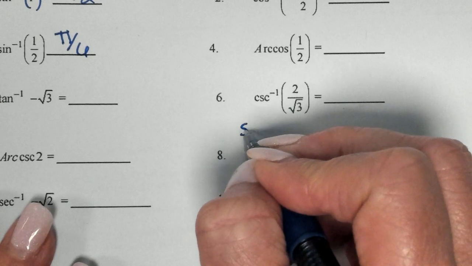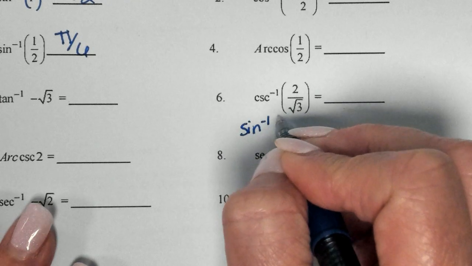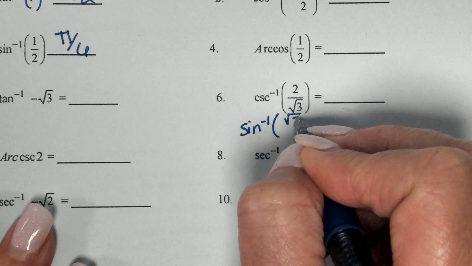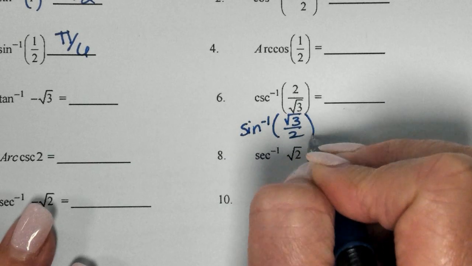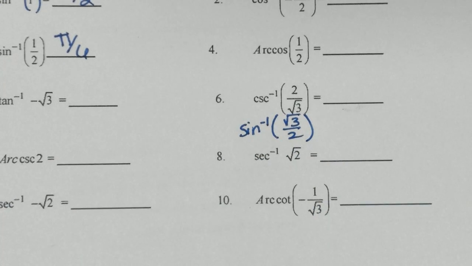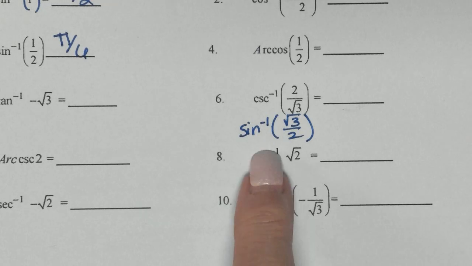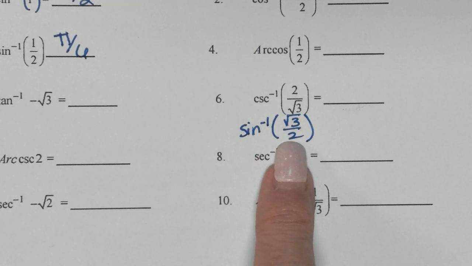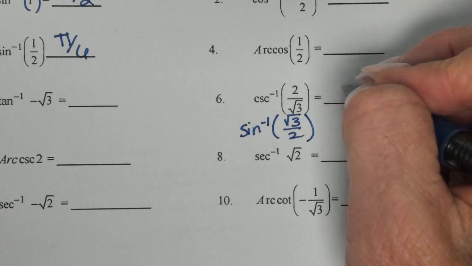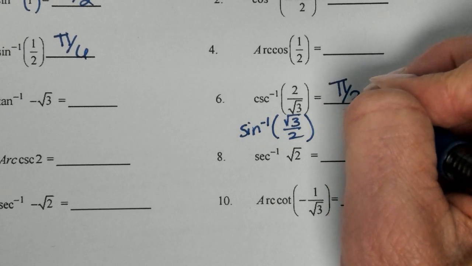I'm going to change that to the inverse of sine and flip my ratio, because I know those. Where's my sine ratio equivalent to root 3 over 2 in quadrant 1? 60 degrees, which is pi over 3. So my answer is pi over 3.